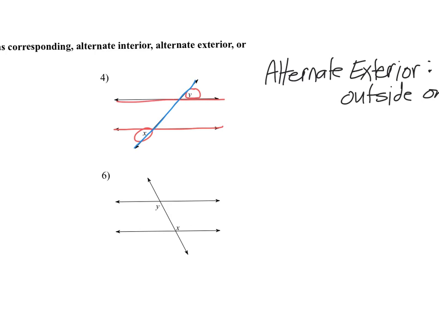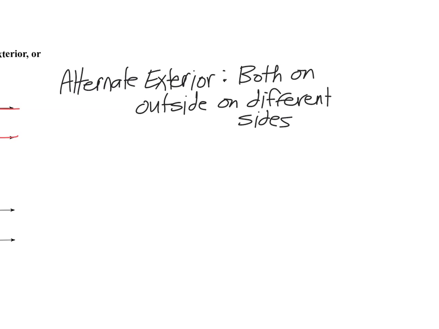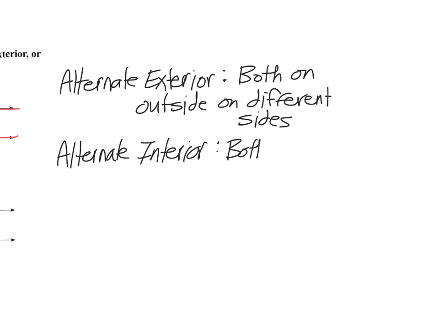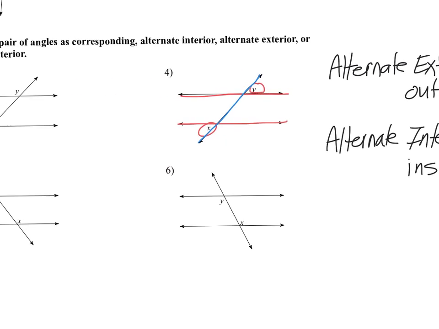So in the same context, let's go back over here to alternate interior. So it's going to be very similar definition, alternate interior. So this time they're both on the inside, because interior means inside, on different sides. Okay, so let's look over here.